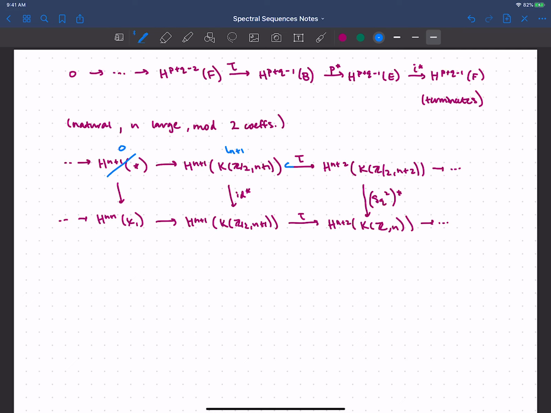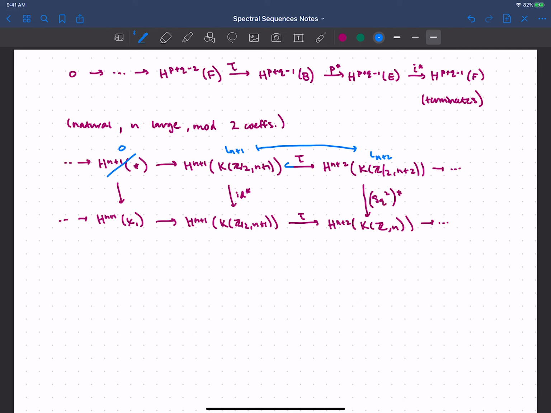And that's going to take me to iota_{n+2}, which is the fundamental class for K(Z/2, n+2). Okay, and so in fact, that single Z/2, where iota_{n+1} lives, maps isomorphically to the single Z/2 where the fundamental class on the right lives, and that really is just saying iota_{n+1} maps to iota_{n+2}.